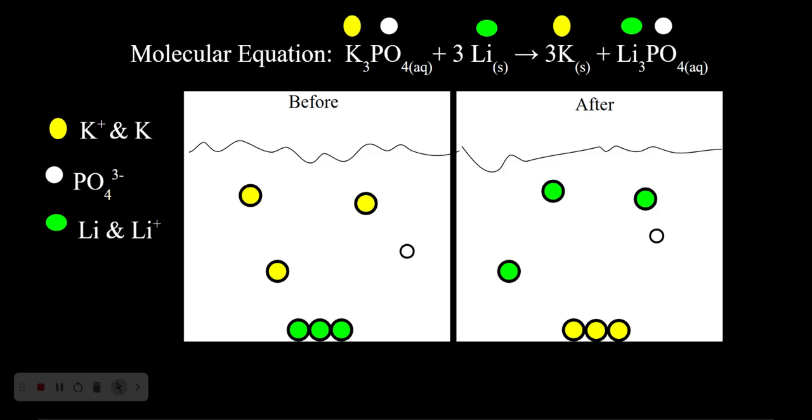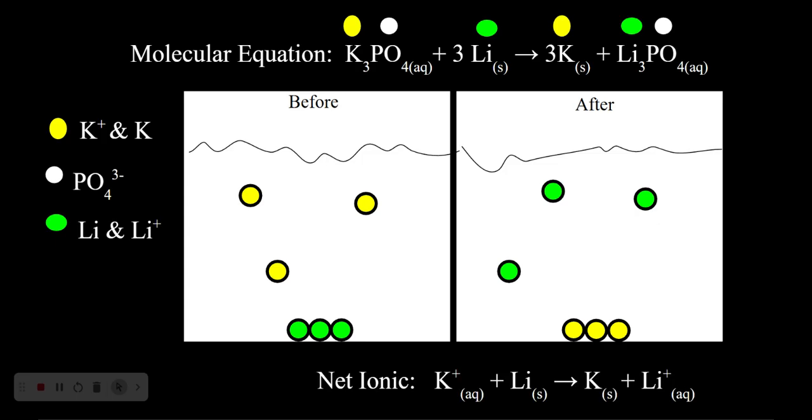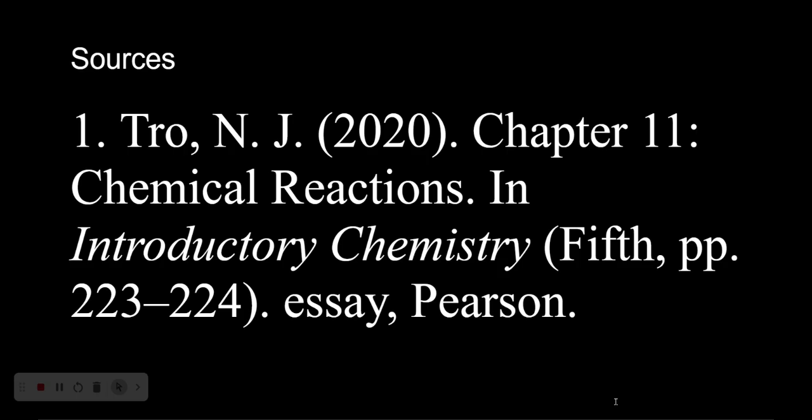Now you'll notice these whites are basically the same. It hasn't changed. Therefore it would fall out of the net ionic. You'll also notice that there are 3 of each, so the whole equation would reduce to just this, where there are no coefficients. And my spectators are phosphate.